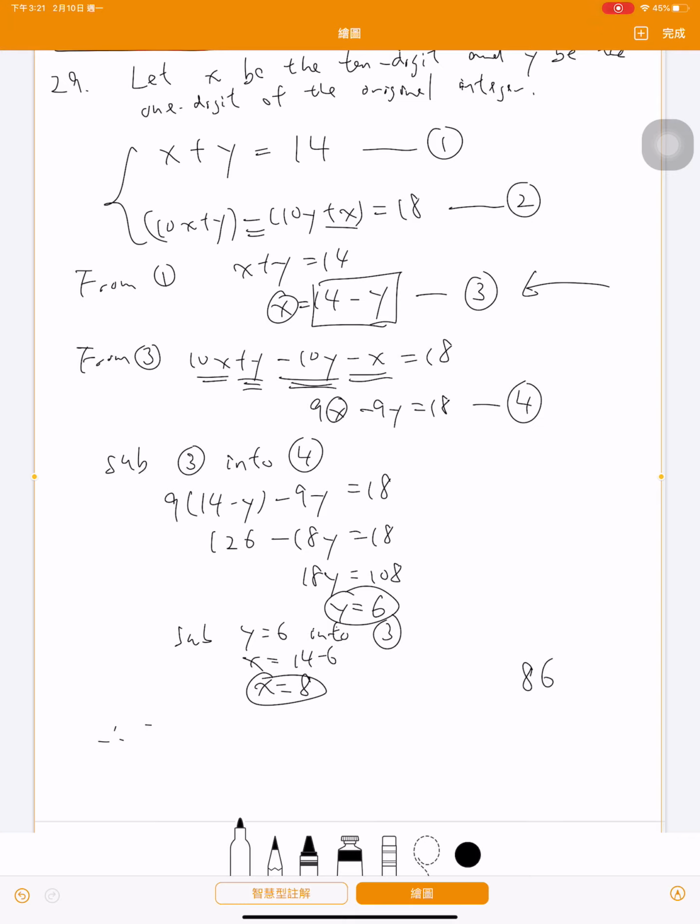So therefore the original integer is 86. Finish. Okay, for these questions, the main problem is that you know how to interpret the number in the format of 10x plus y.